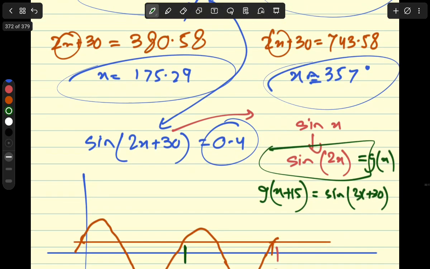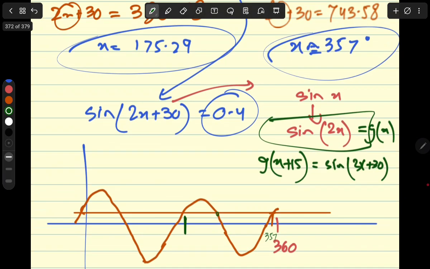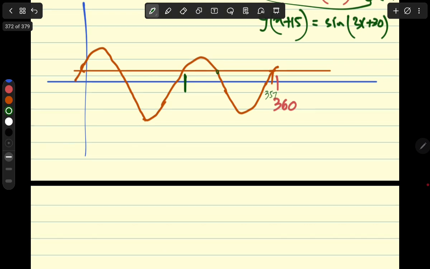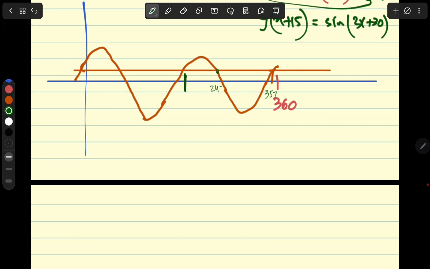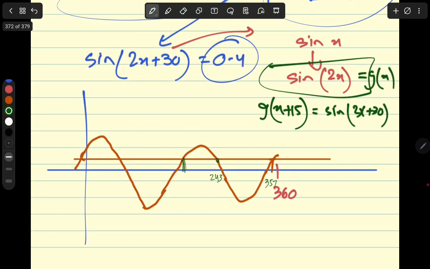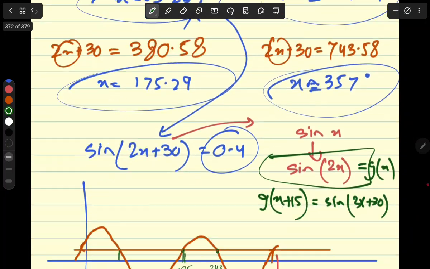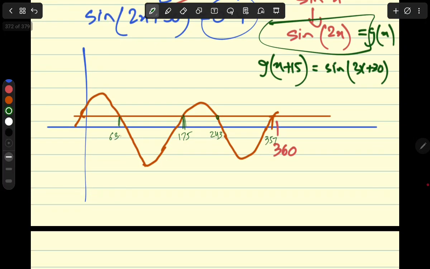So this value is 357. This value is 243, as you can see, and this value right here is 175.29, and the first value is going to be 63.23. So this is how you got your answers.